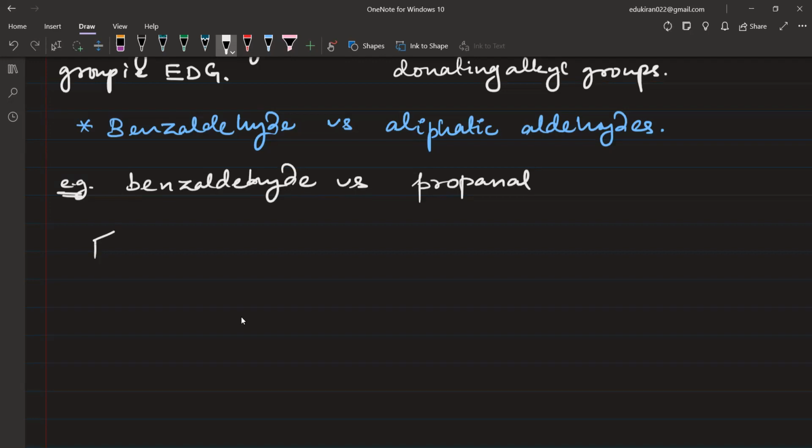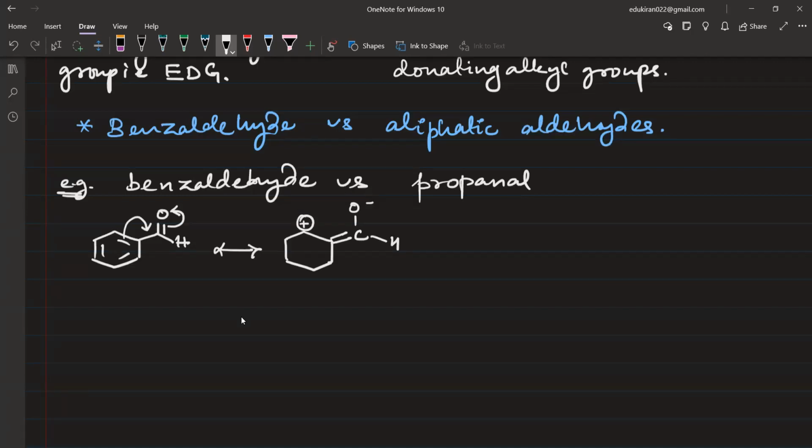Now, if you look at benzaldehyde, if this bond breaks, then there is a conjugation here, which is going to give the carbon a double bond again. So you'll have a double bond carbon, O negative, and here you have H. Here you will get a positive charge. These bonds will be as they are.